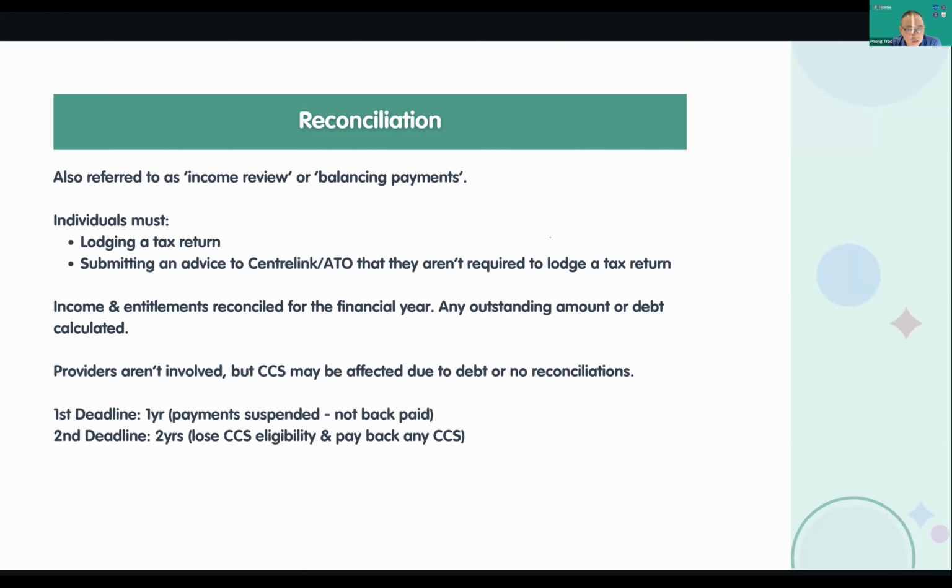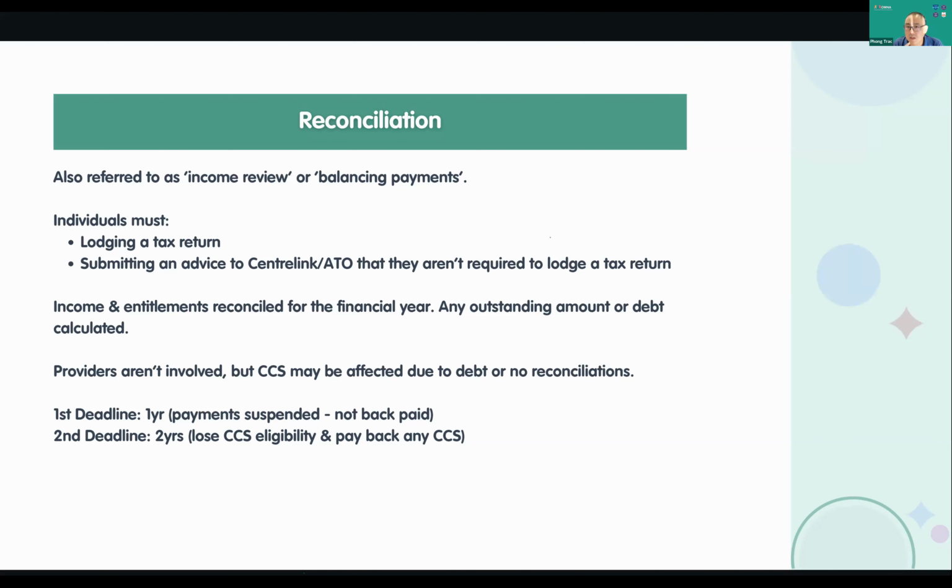Okay. Now, there are 2 deadlines, and we generally remind everyone, and Centrelink also does the same. There are 2 deadlines to submitting income, your income review or your balancing. The first deadline by which reconciliation conditions must be met by individuals is 1 year after the end of the financial year in which CCS is paid, from 1 July of the following year.